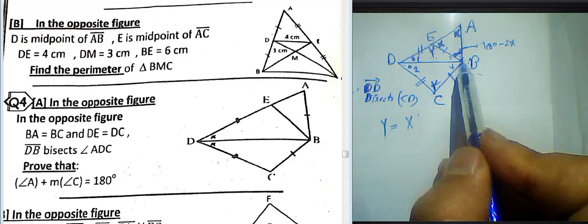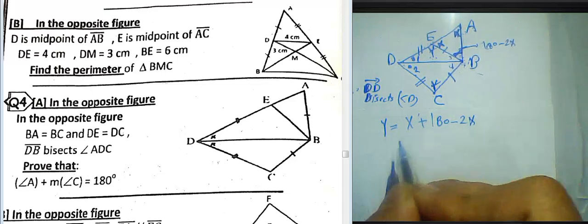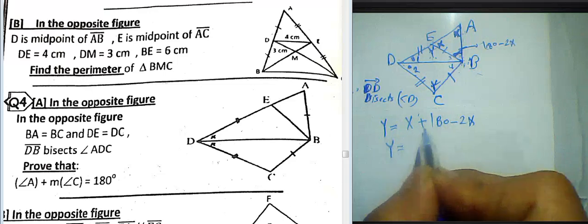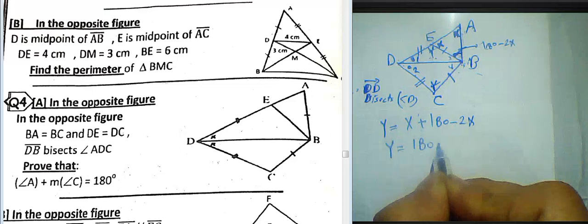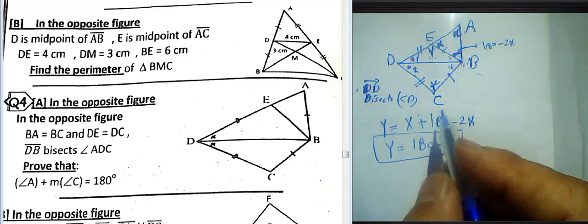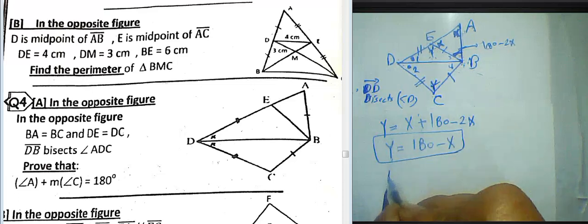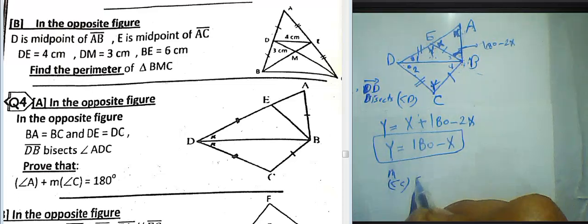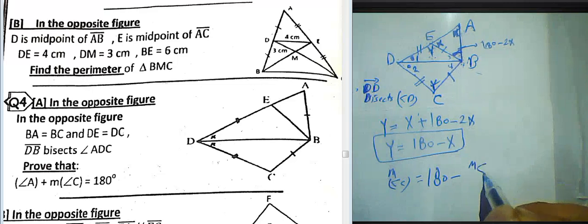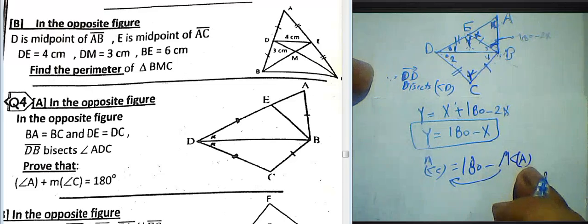Okay, Y equals X plus 180 minus 2x. Then Y equals 180 plus X minus 2x, which is 180 minus X. Y equals the measure of angle C. Then we can cancel Y and write that the measure of angle C equals 180 minus X. We know X equals the measure of angle A. Then we can move the measure of angle A from the left-hand side to the right-hand side.